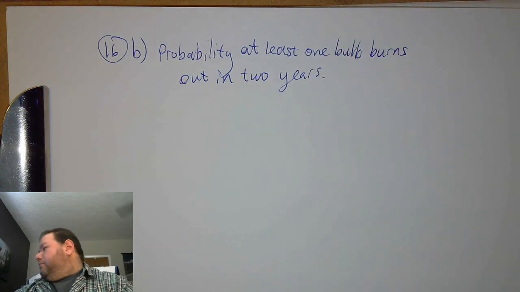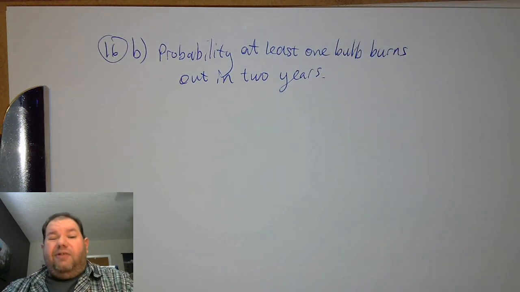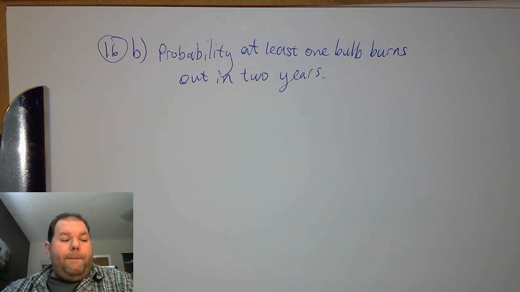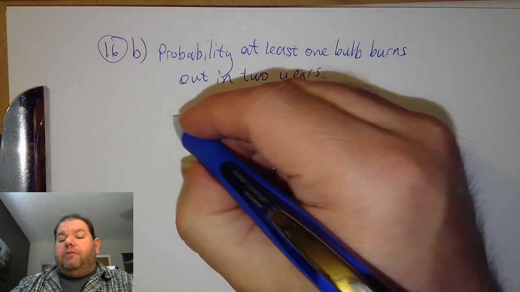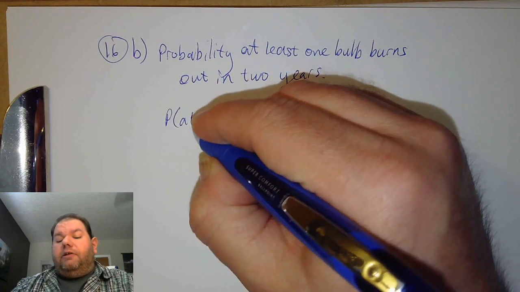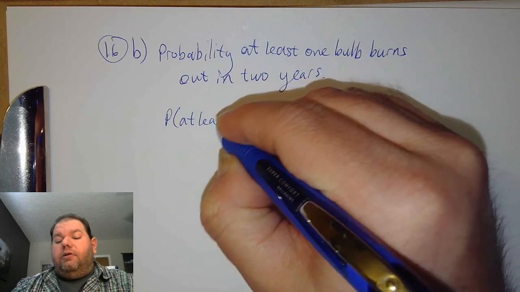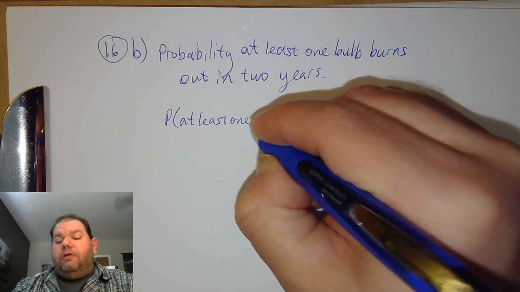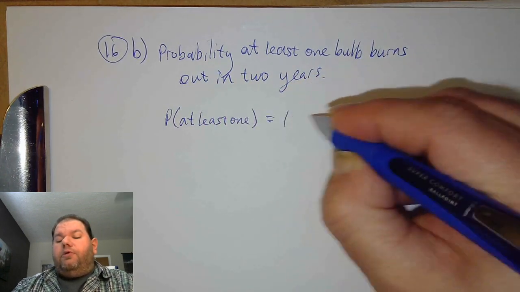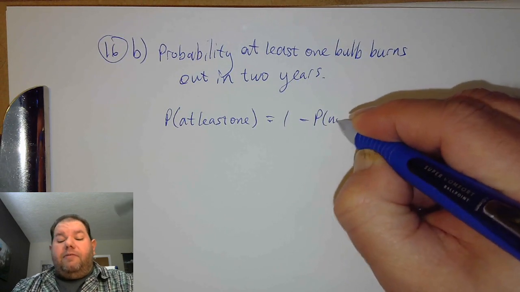Now this is where it helps to use that complementary probability I talked about. The probability of at least one burning out is equal to 1 minus the probability that none of them burn out.